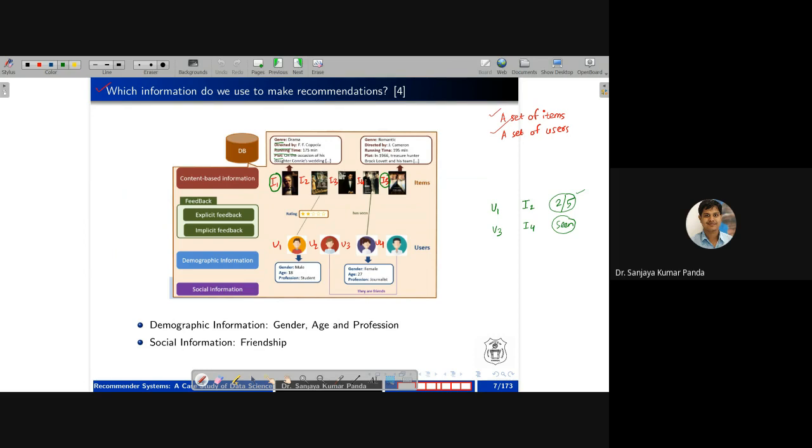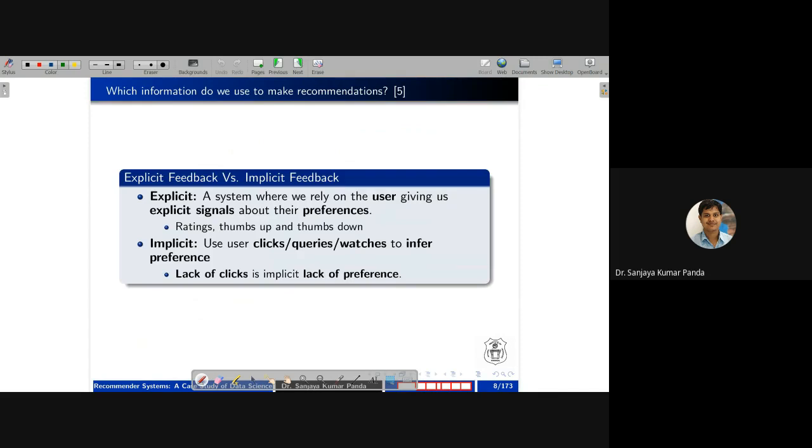Right? An explicit signal may be the ratings. An explicit signal may be the thumbs up symbol or thumbs down symbol. That is binary. Like after reading a particular article or a troubleshoot page or a blog, at the end of the blog it is written, was this information useful, then there is a thumbs up button and there is a thumbs down button.